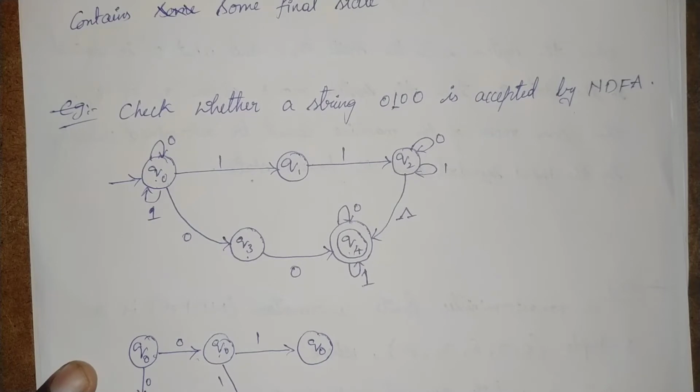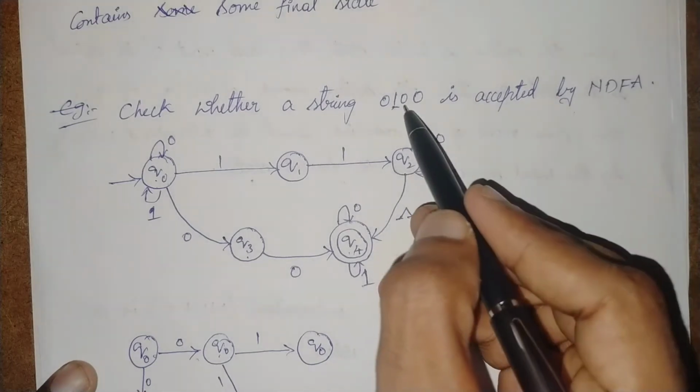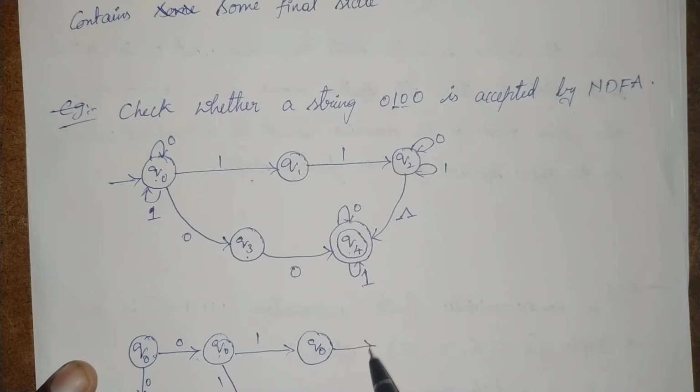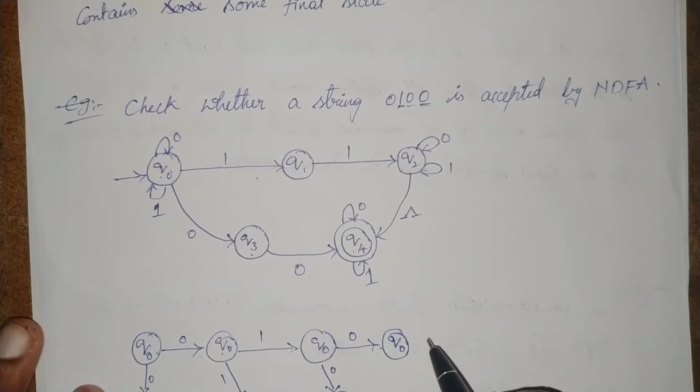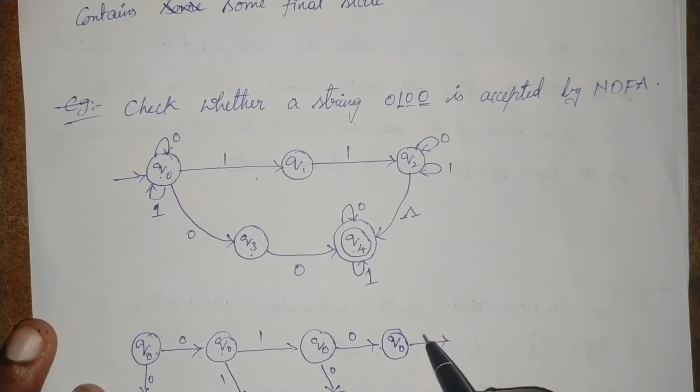Then again 0 is applied to the state, and then it moves to Q0 or Q3. And again 0 is applied, then it moves to Q0 or Q3.